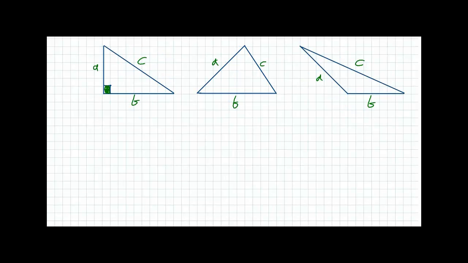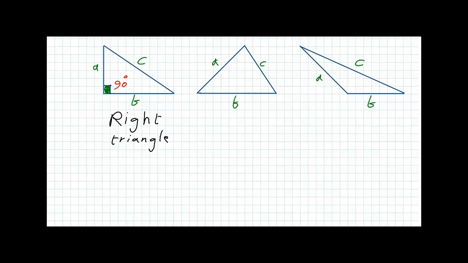Looking at these three triangles, we can see that the first one on the left has a right angle, which is 90 degrees. So we call this triangle a right triangle. Looking at the triangle in the middle, we can see that it has three acute angles.